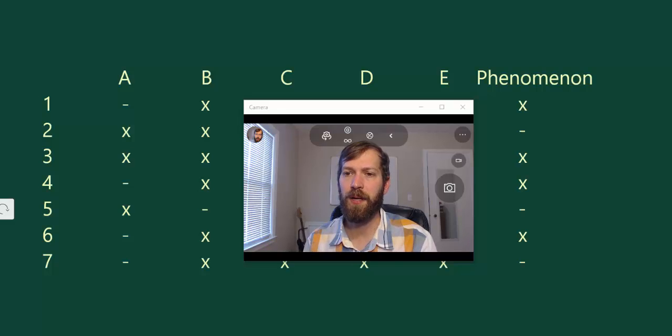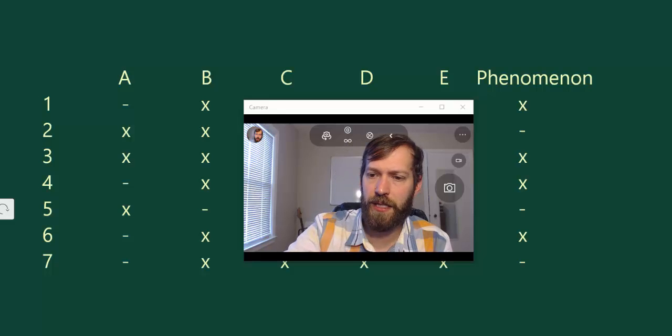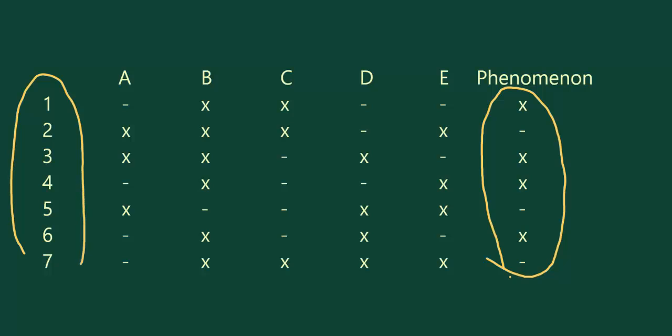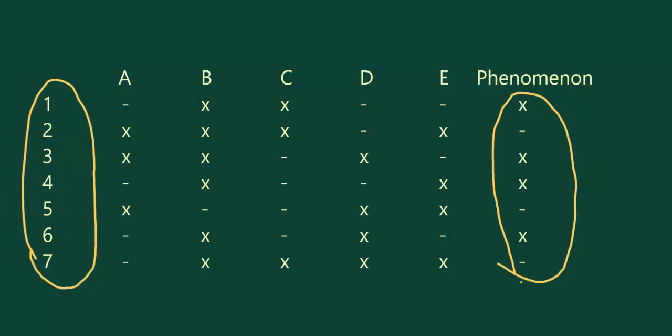If we examine the phenomenon column, then what we'll see is that we have several instances, 7 cases, and many of those cases we have the phenomenon occurring. But in many of those cases, we don't have the phenomenon occurring.